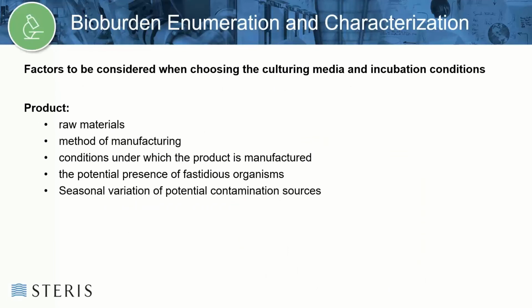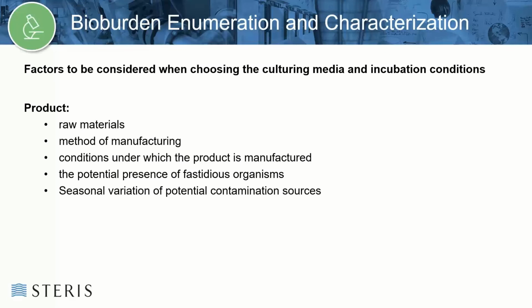As mentioned on the previous slides for bioburden testing, we use growth-promoting agar and incubate in order to determine the CFU present on a product. However, several factors should be considered when choosing the culturing media and incubation conditions. The raw materials used to build the device, for example, products manufactured from tissue or other natural materials, can be at risk of contamination with obligate anaerobes.